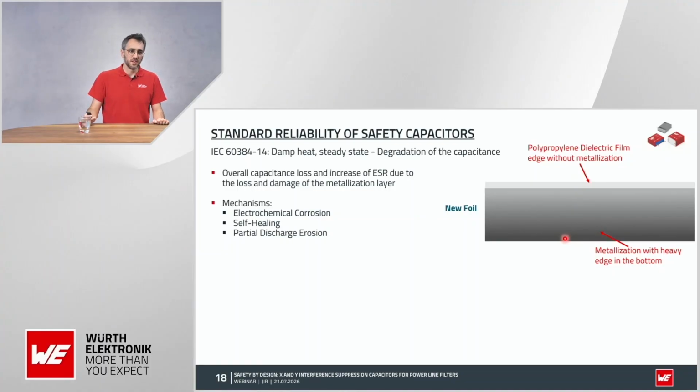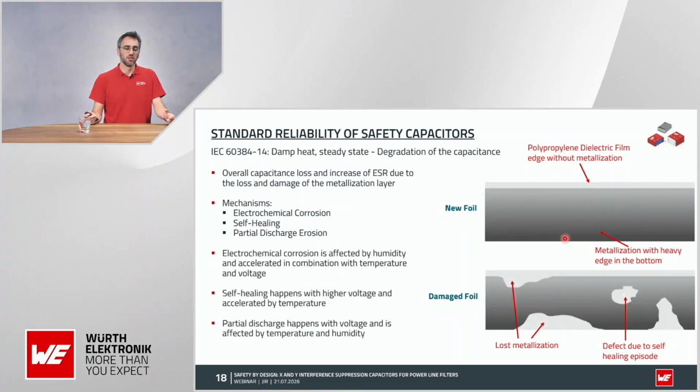As you can imagine, due to different humidity and temperature aspects, we can have a degradation or a corrosion of the foil. It can look like this. This is just a schematic or graphic idealization, and you can see spots where we have lost metallization due to different effects.